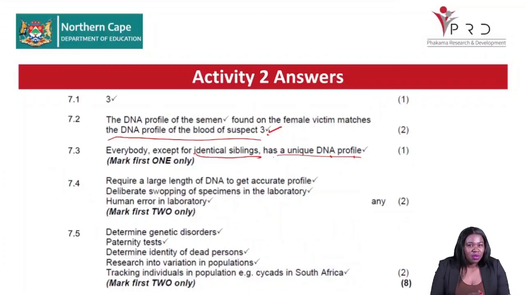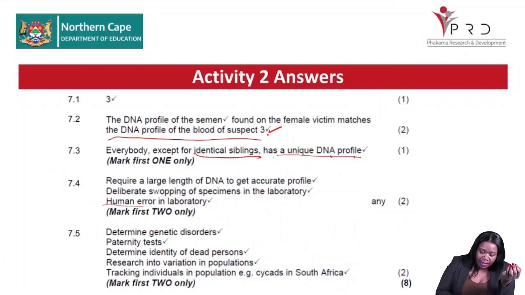So you can find that maybe there was some mixing up in the labeling of the DNA profiles. They may have said the DNA profile of suspect 3 belongs to suspect 2 and suspect 2 belongs to suspect 3. So now, simply because it was labeled to be that of suspect 3, suspect 3 is falling for a crime that he did not commit.